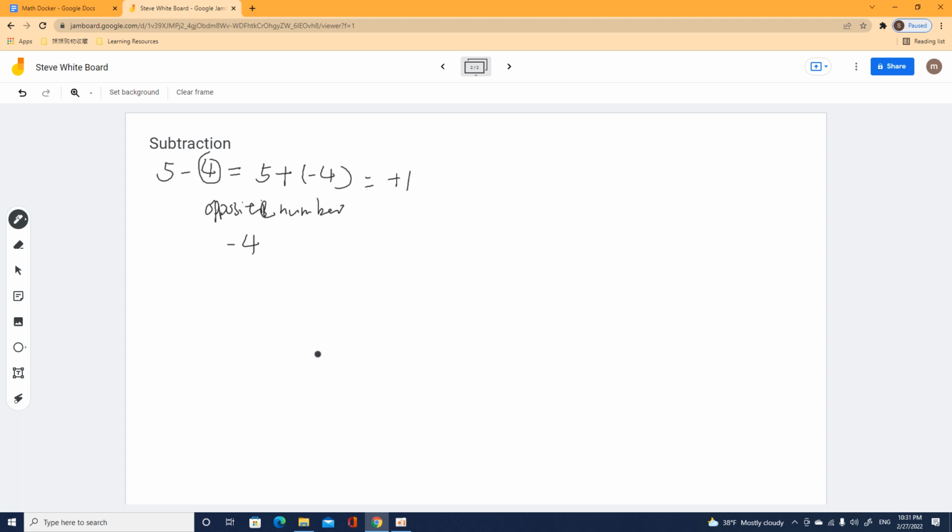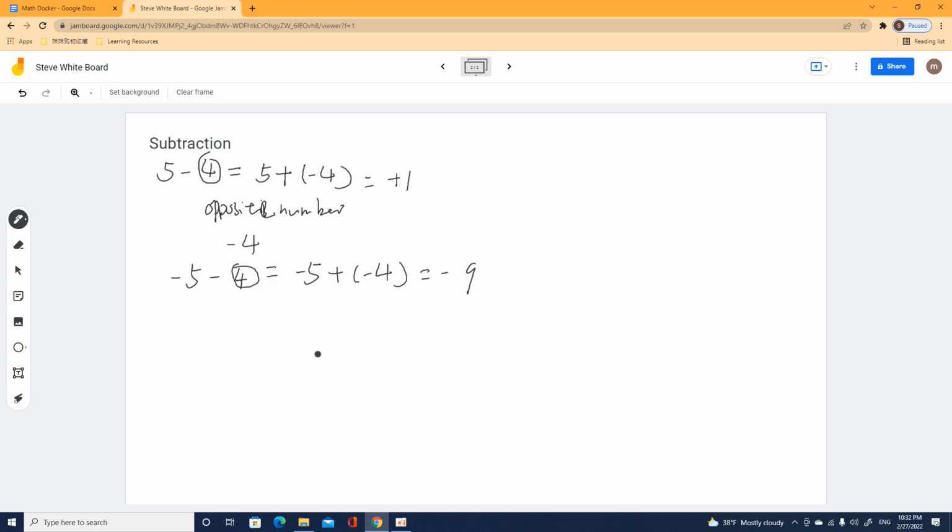For example, I also can give you another example. For example, negative 4 subtract, for example, 5. Basically, that means negative 4, you add this number's opposite, that is negative 9.